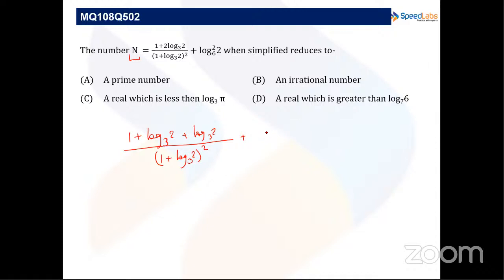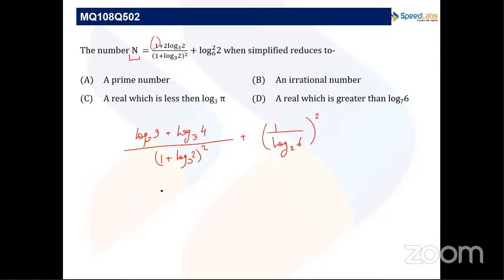So we can write it as 1 upon log 6 to the base 2 whole square, and the above one you can write as log 3 to the base 3, and this will be log 4 to the base 3.